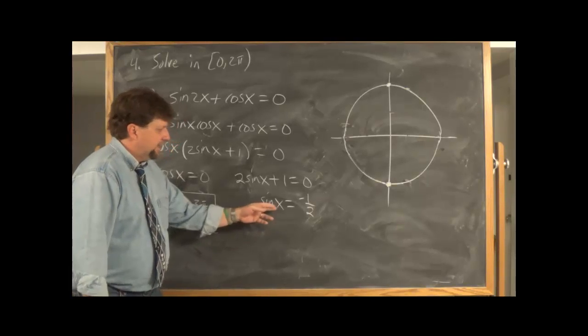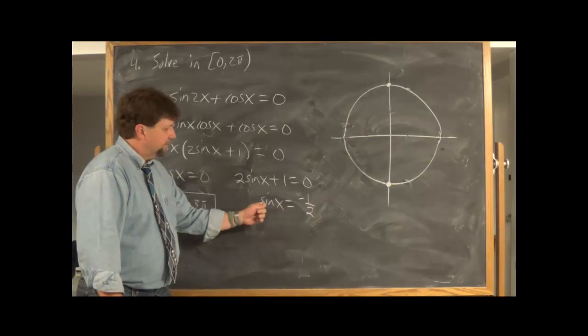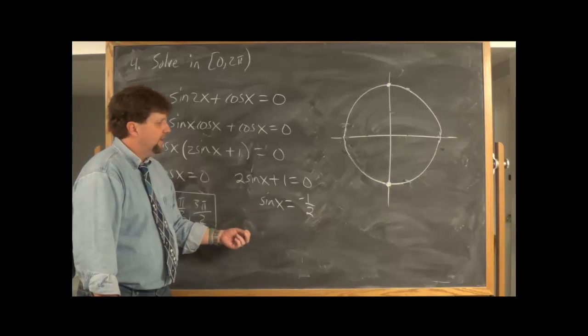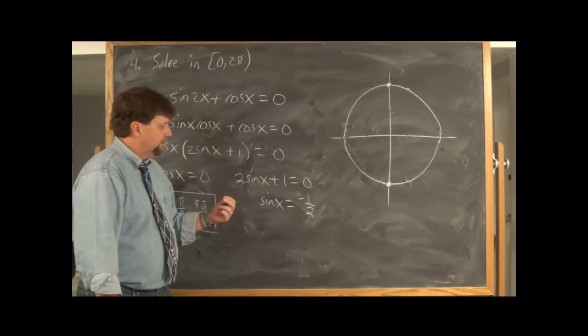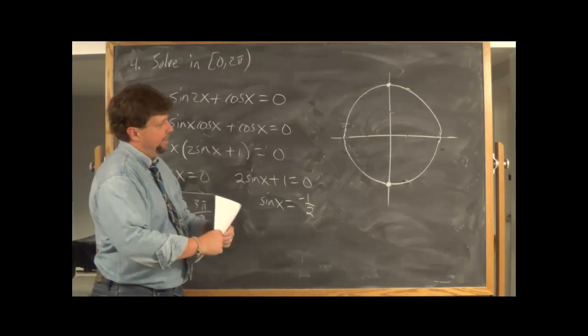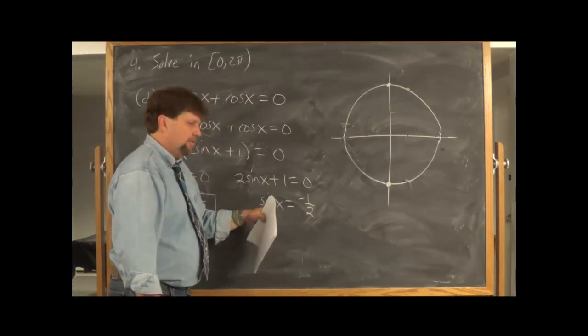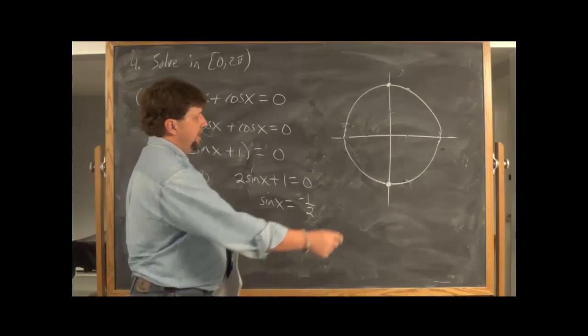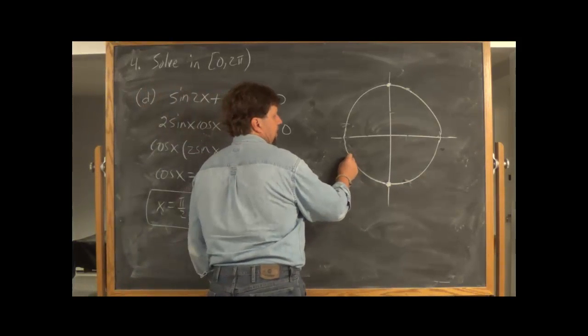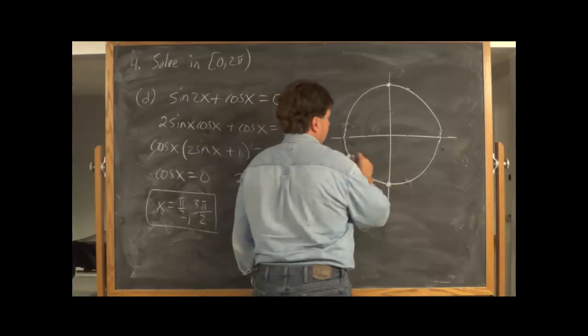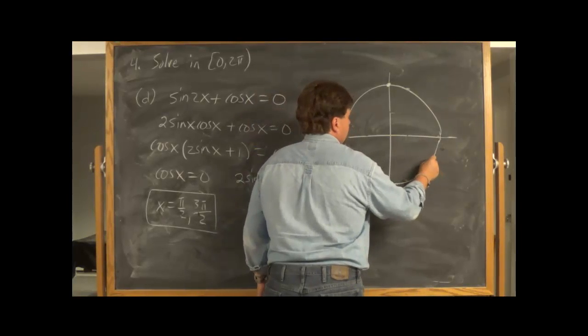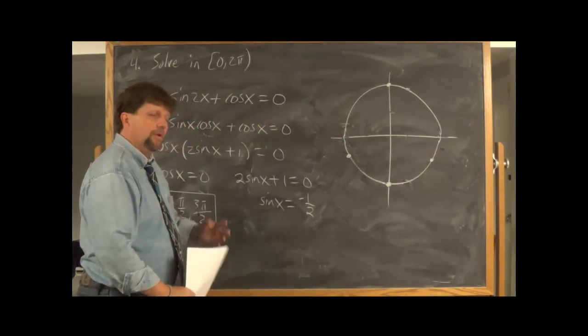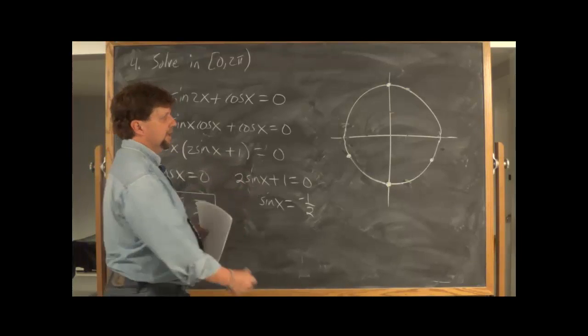Here we have sine x equals -1/2. Sine is a y-coordinate. So where on the unit circle will we find a y-coordinate of -1/2? Well, I think we'll find a y-coordinate of -1/2 approximately right here and over here. So if you know where to find them, then you know what the angle is.